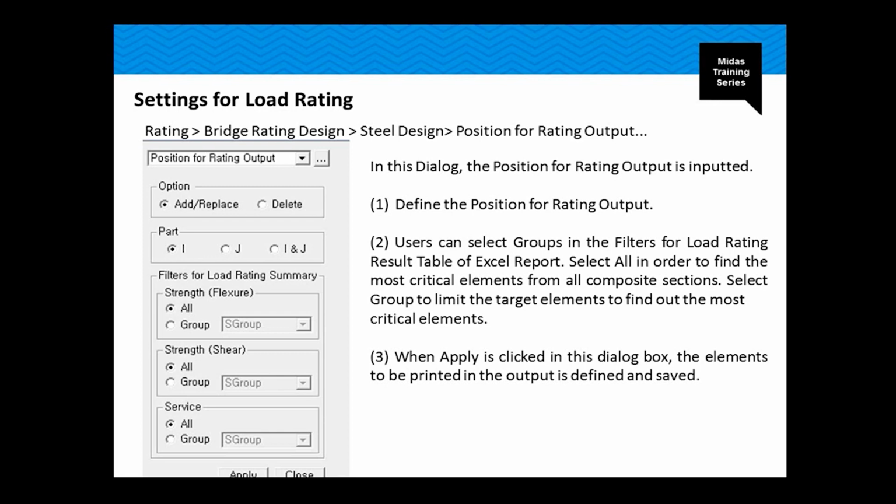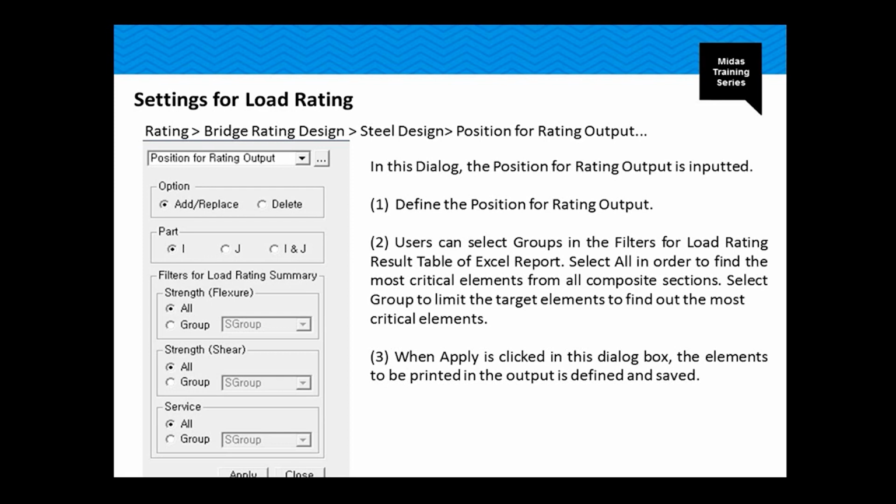You can select groups in the filter for the load rating table results on the Excel sheet, or you can select all of them in order to find the most critical elements of the composite sections. You can also select a group to limit the target elements to find out what the most critical elements are.